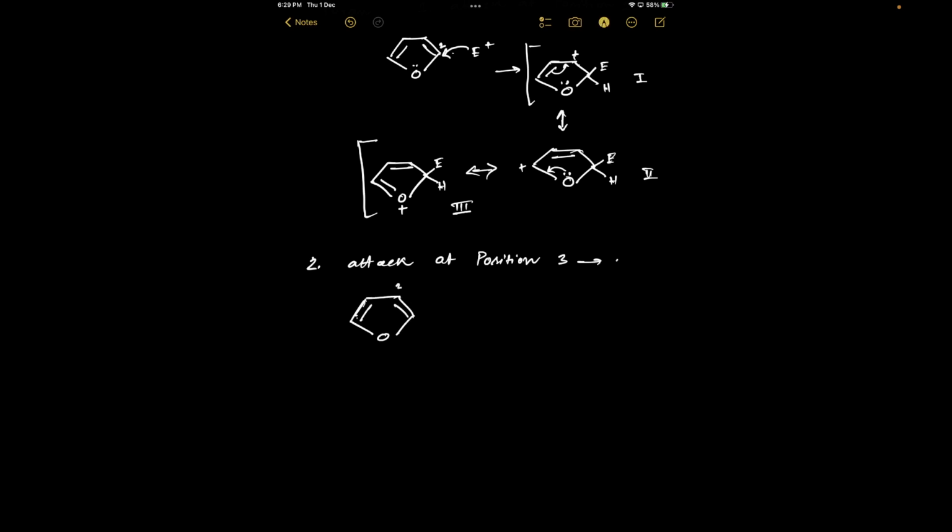So electrophile is attacking here. Hydrogen here, positive charge will generate, right? Now from this structure another structure is possible because this oxygen lone pair can donate this electron here and form a pi bond.